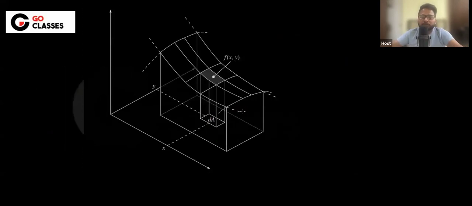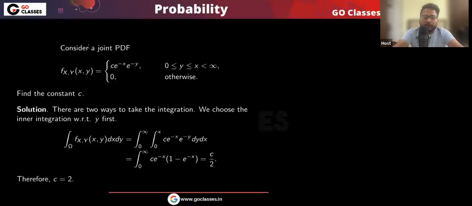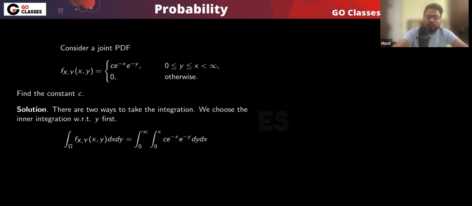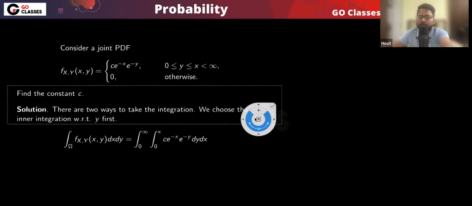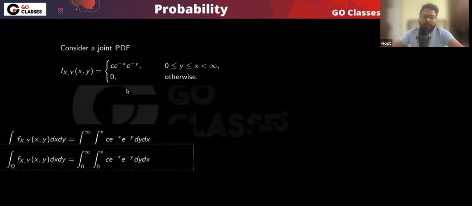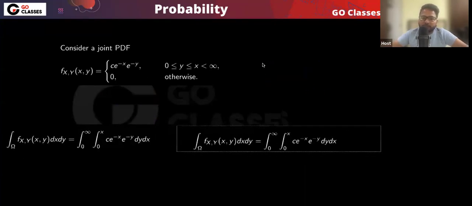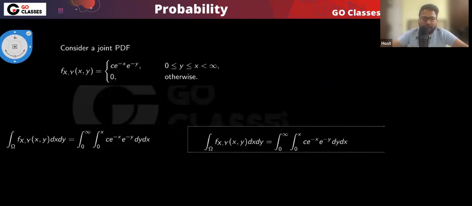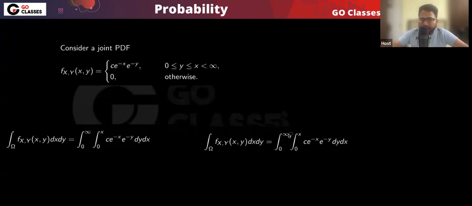See, what I'm saying here is that suppose you have this particular integration to solve, right? In that case, you can do it in two ways. Either you do this, or you do otherwise, let me just write it.